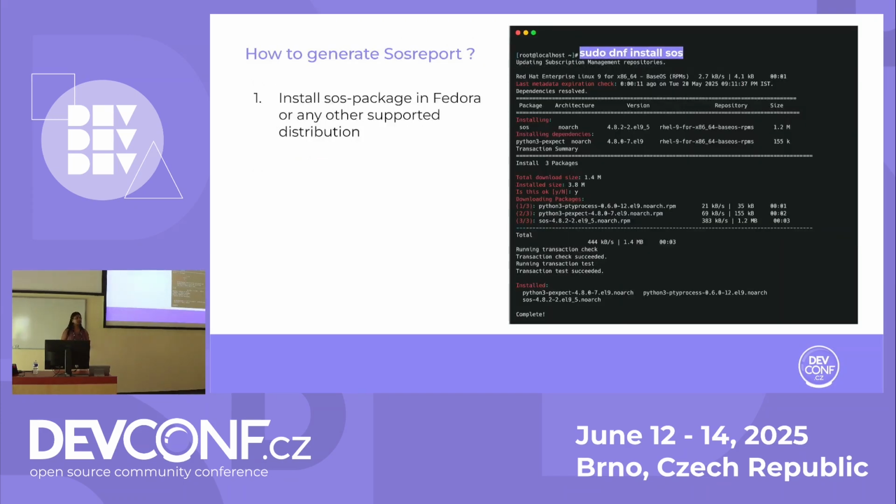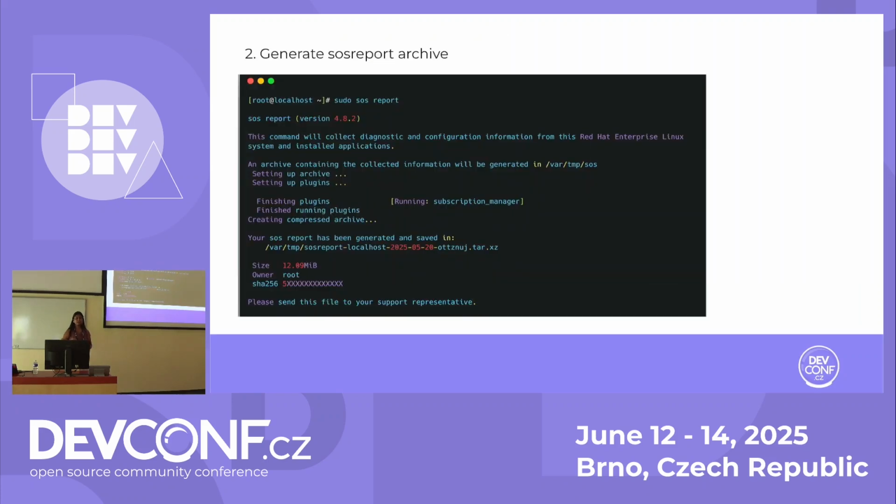Now, how to generate source basically. You can simply install it using any standard package manager, using yum or dnf, and once it is installed, you can use the command sudo source report. This command will collect all the diagnostics and configuration information of your system into a compressed archive.